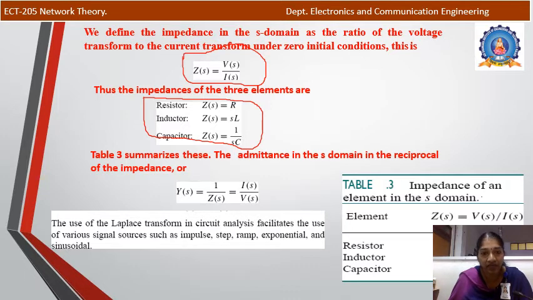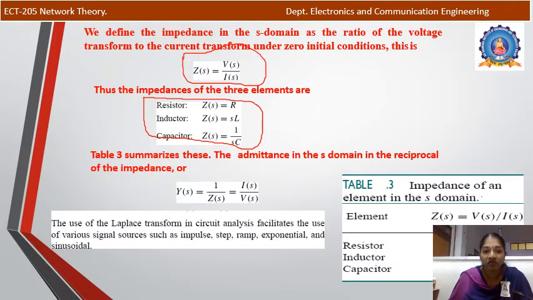But in the case of an inductor, the DC resistance and AC resistance will be different. Here impedance Z of S is equal to S into L, directly proportional, and capacitive impedance is 1 by SC, that is inversely proportional, right?